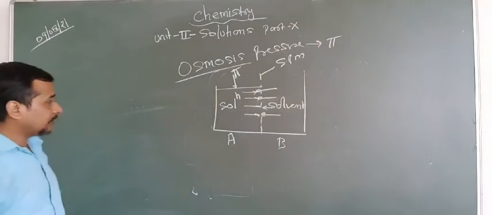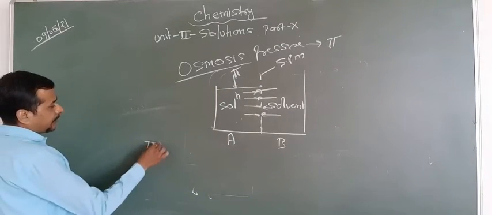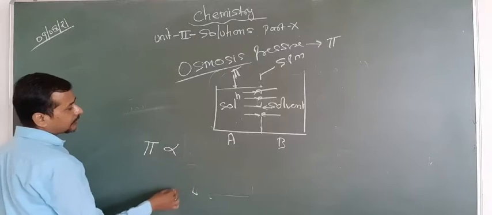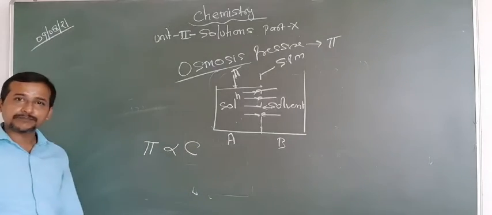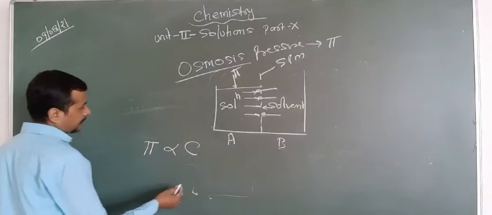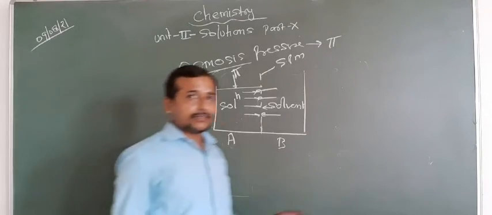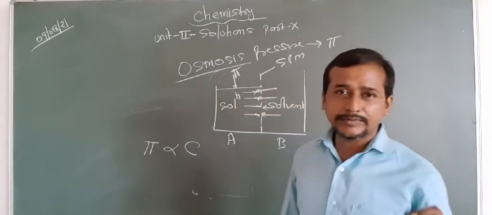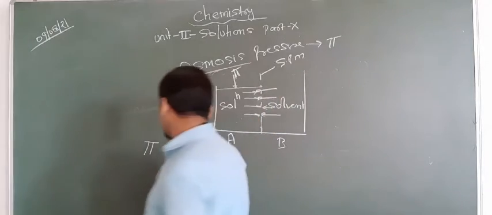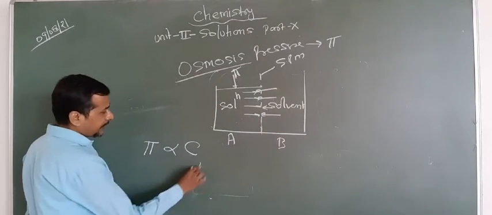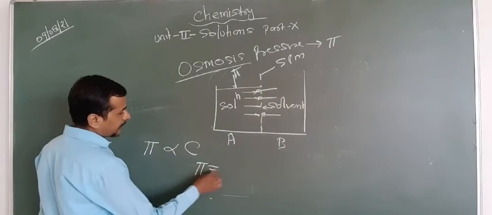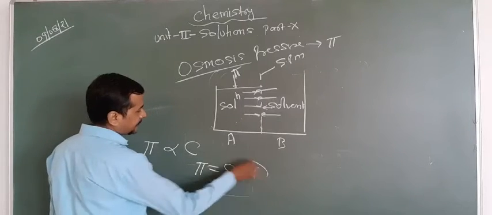Now pi is basically directly proportional to what? Concentration. And that's why we can say that osmotic pressure is a colligative property. So we get one formula, that is pi equal to CRT.